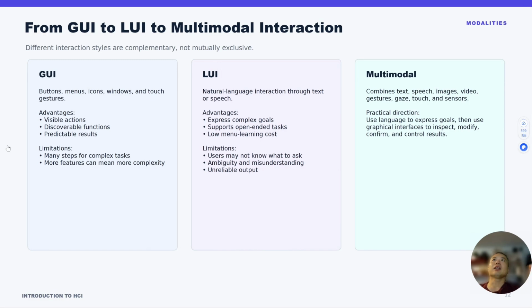The second modality is LUI, the natural language interaction through text or speech. Text is also a part of language. The advantage of that is the user can express complex goals.